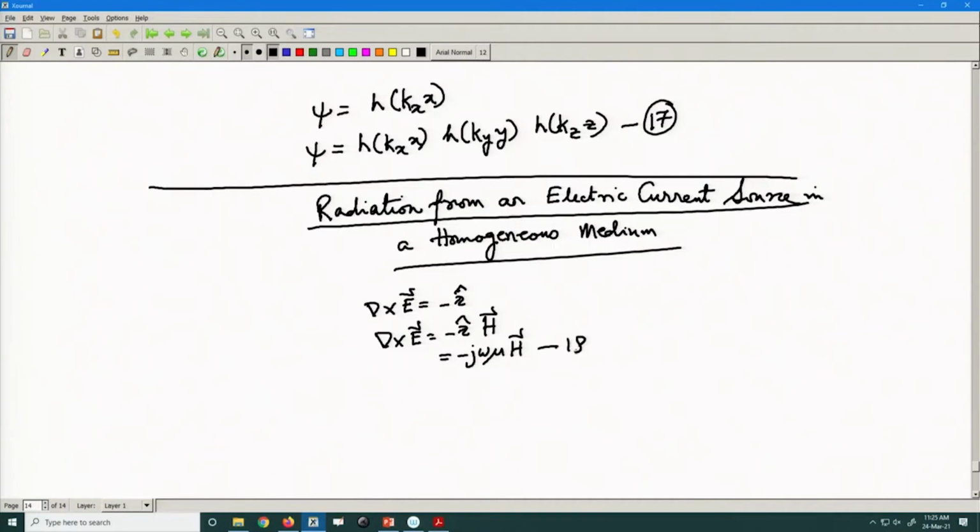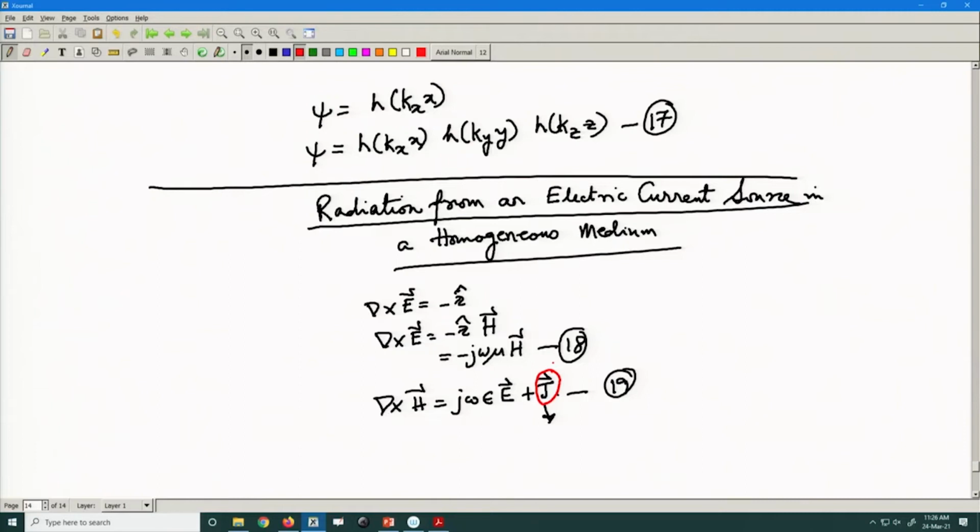We call this equation 18, and curl of H is j omega epsilon E plus J. We call this equation 19. So, J is the current source.